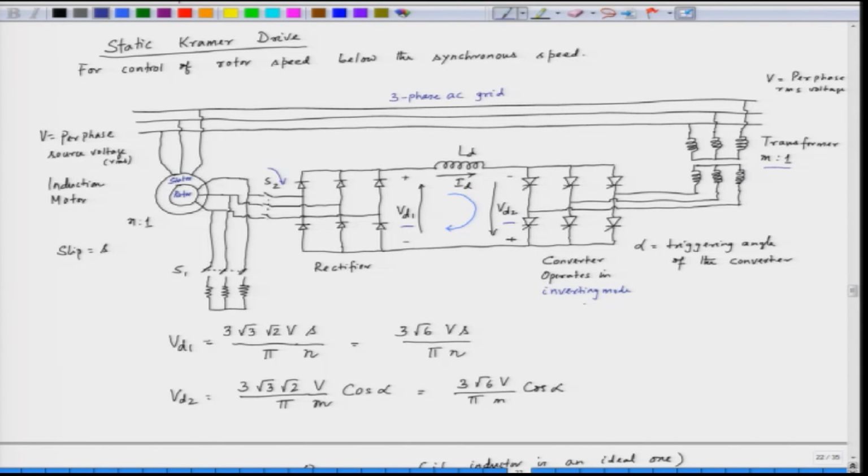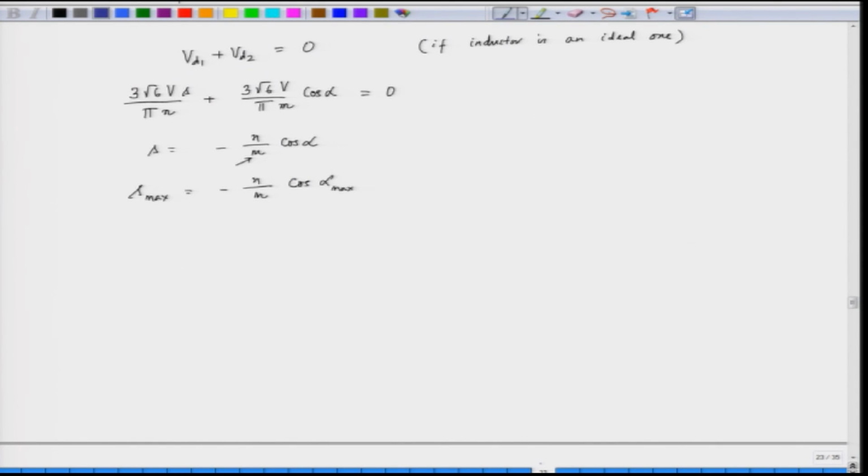So, it means alpha is greater than pi by 2, alpha is greater than 90 degrees. So, in this case the range of alpha here is greater than 90, and alpha should have a maximum value, that maximum is approximately 165 degrees. Why is it 165? Because it is operating in the inverting mode, so we have to have successful turn off of the converter thyristors.